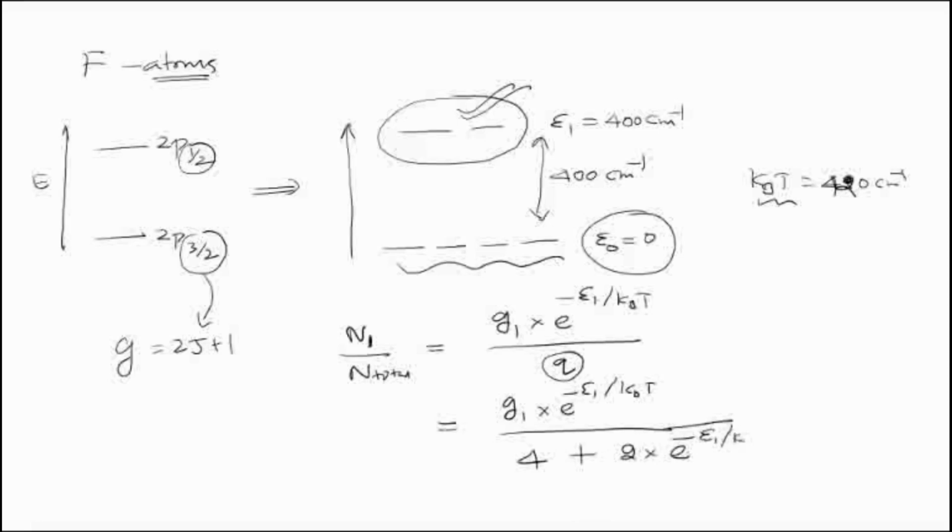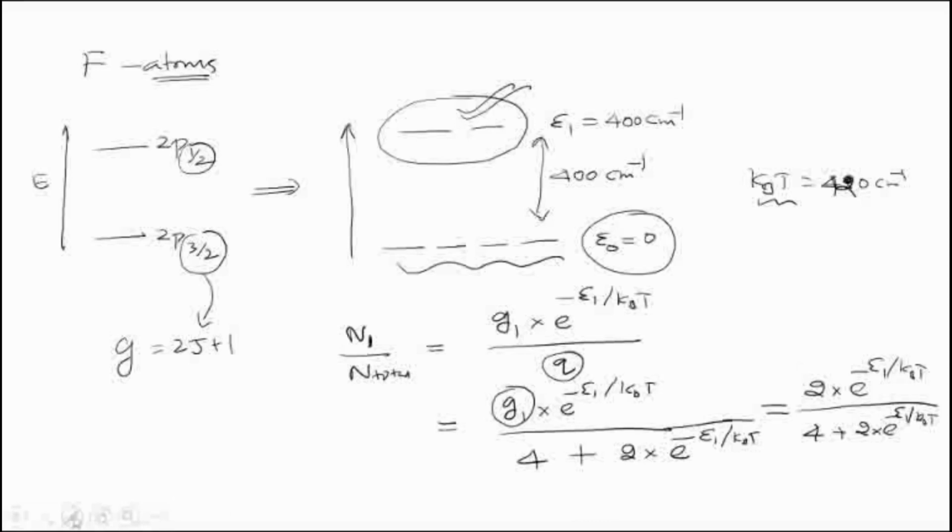Right here, the degeneracy of the first excited state is 2. So 2 into e power minus E1 by kBT divided by the denominator 4 plus 2 into e power minus E1 by kBT. We can write like this. We have to do some more manipulation.